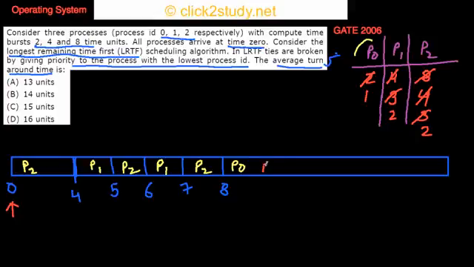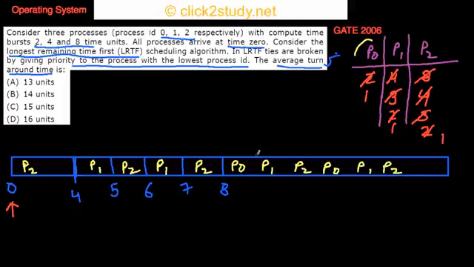So there will be P0, and then after 1 time unit, there will be a change to P1 and P2. When this is done, all the times will be decreased by 1, and you will again have a tie, and then again you will repeat the same thing: P0, P1 and P2.